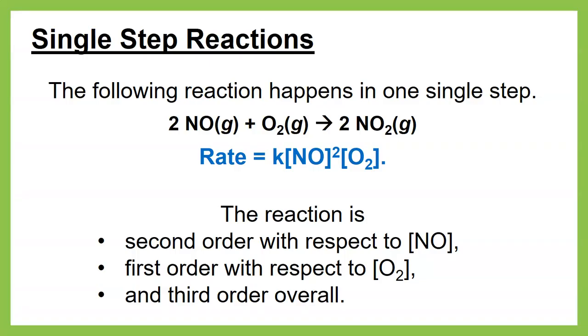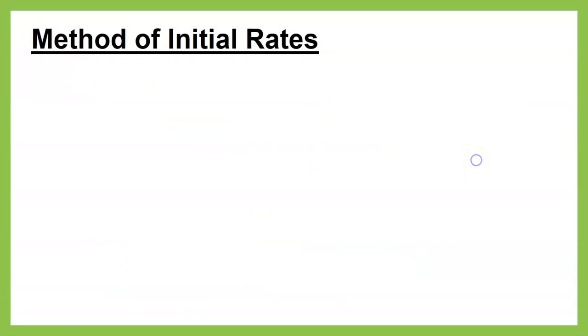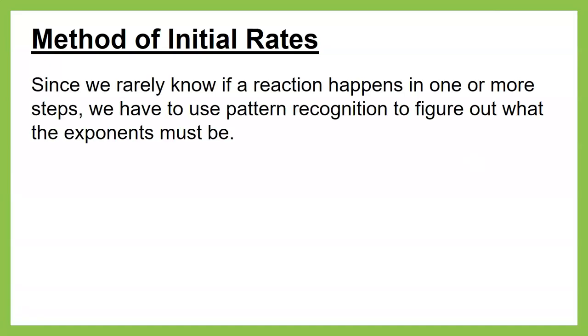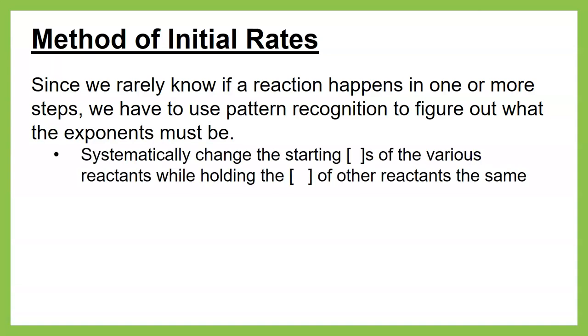When it's multiple steps, or we don't know how many steps it takes place in, we have to use something called the method of initial rates. And so what we're going to do here is we're going to systematically change the concentrations of our reactants while holding some other concentrations the same. We're trying to basically control how many things are changing at once.